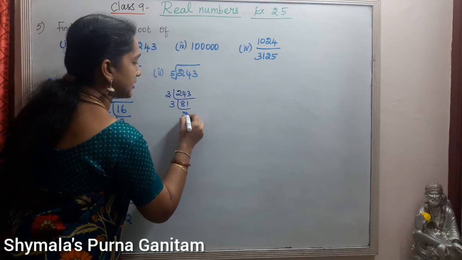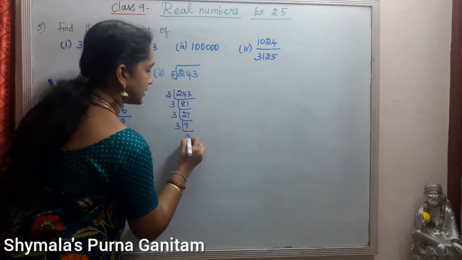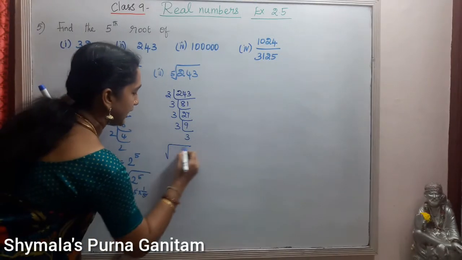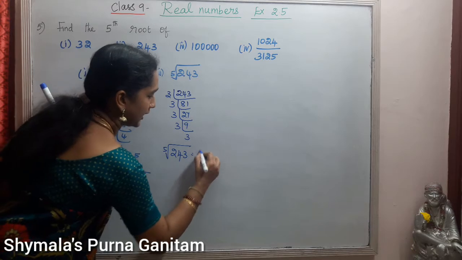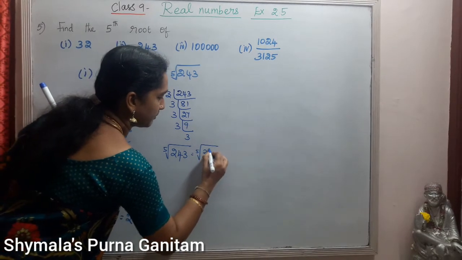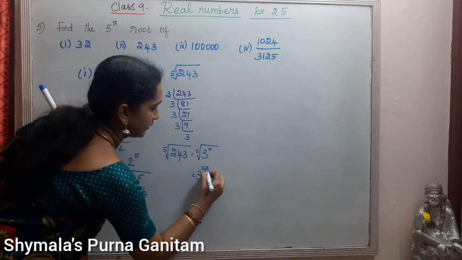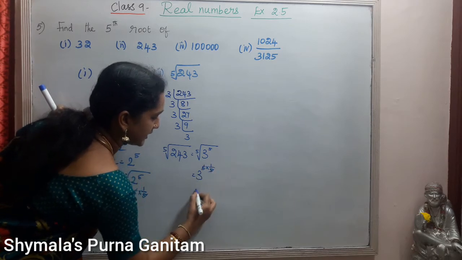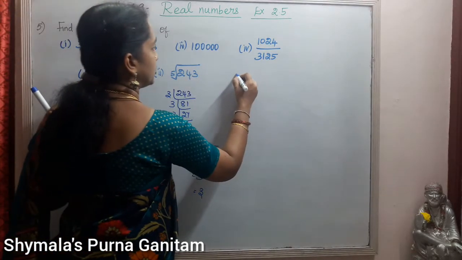So 3 27s are 81, 3 9s are 27, 3 3s are 9. So we will write this 243 as 3 power 5, so the fifth root of 243 is the fifth root of 3 power 5. The same procedure only: 3 power 5 into 1 by 5. When we simplify this, the answer is 3. Okay, so the second sum is over.